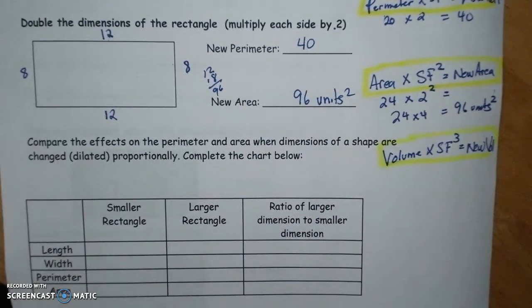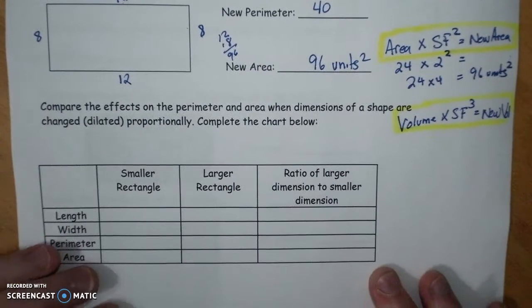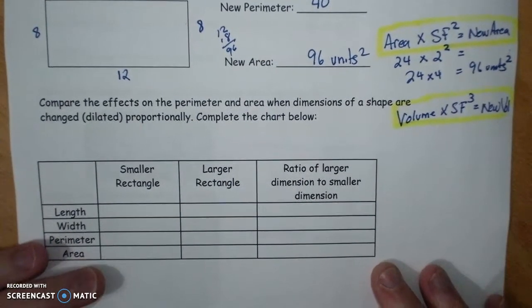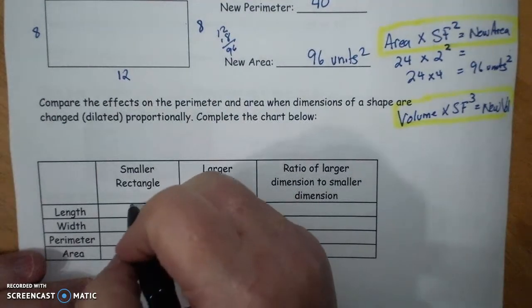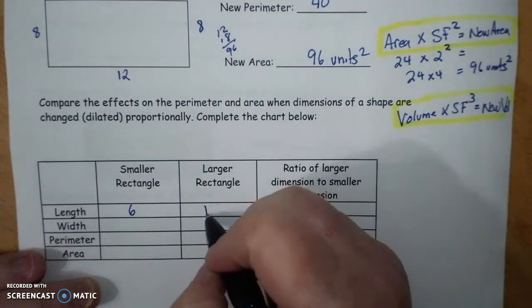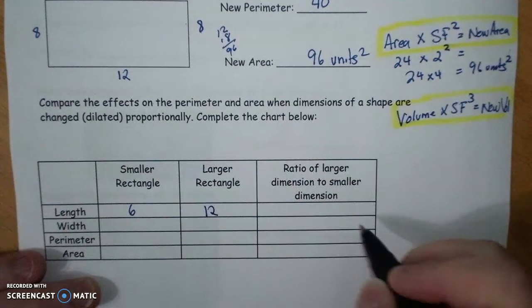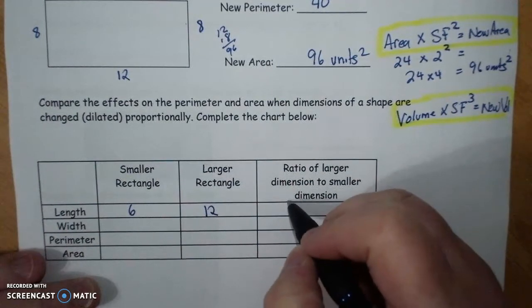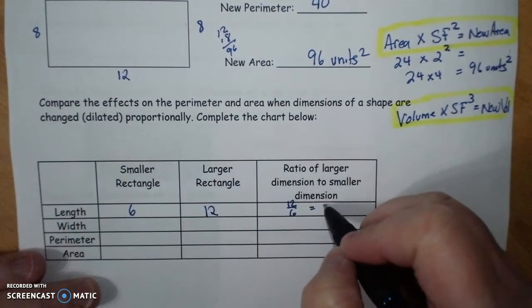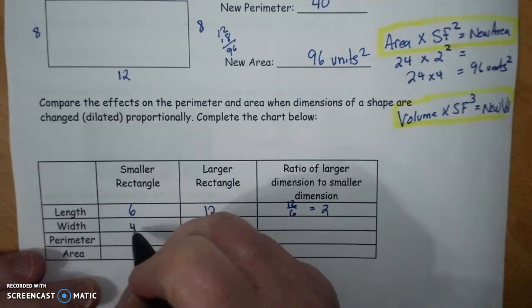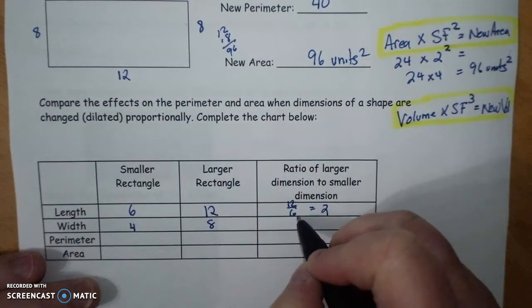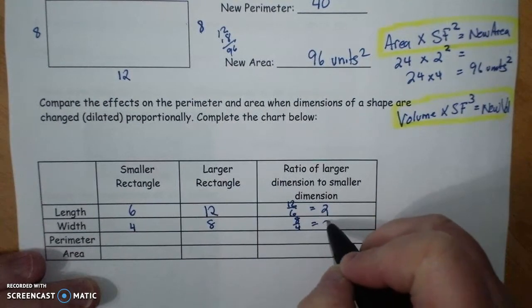So let's compare the effects on the perimeter and area when dimensions and shapes are changed proportionally. The length of the smaller was 6, the larger was 12. The ratio is 12 to 6, which is 2. Width is 4, 8 over 4 equals 2.